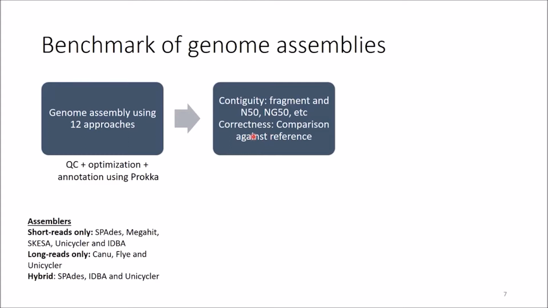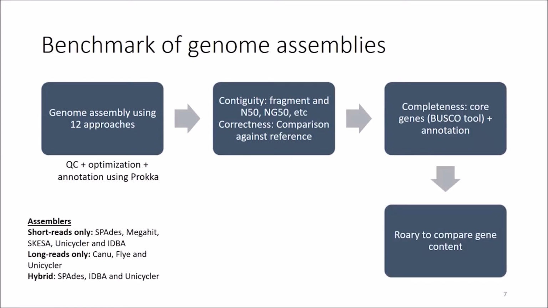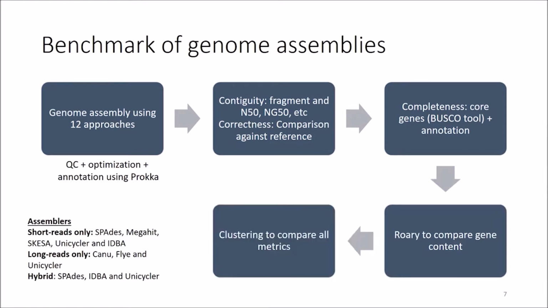The correctness was evaluated by comparing the assembly against the reference, and completeness by assessing the ability of the different algorithms to assemble core genes. And also we used the information of the genome annotation. Then we compared all the assemblies using first the gene content using Roary, and then a clustering approach to compare all the metrics. And of course we used many other tools to make this possible.